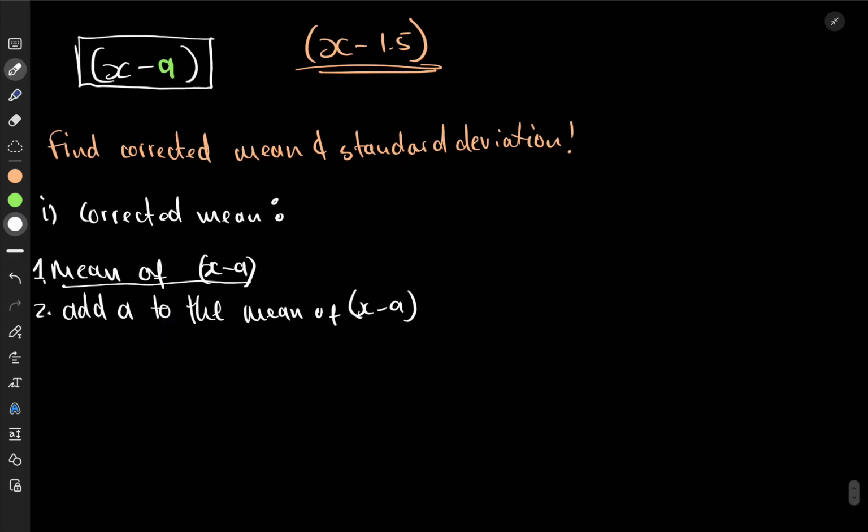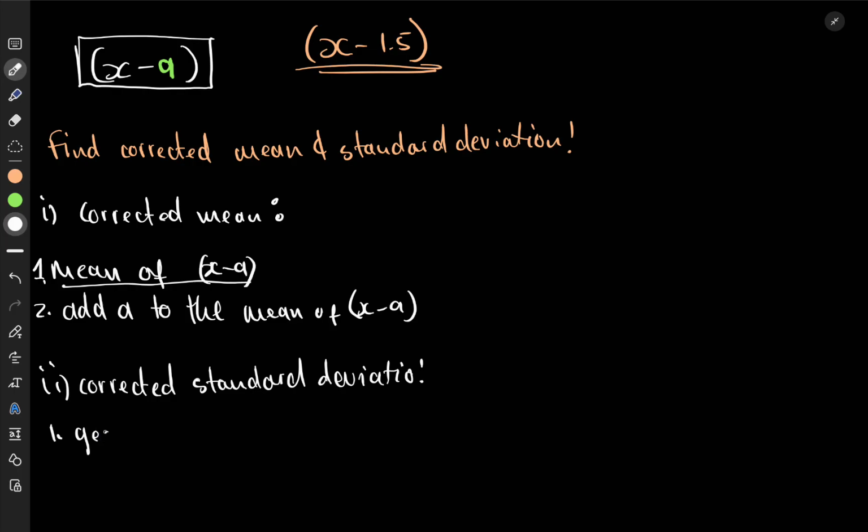Now for standard deviation, what is it? Here's how you get the corrected standard deviation. Easy peasy. Step one, get the standard deviation of the original, which has an error: the standard deviation of x minus a.